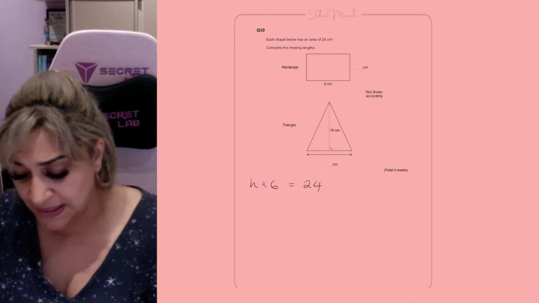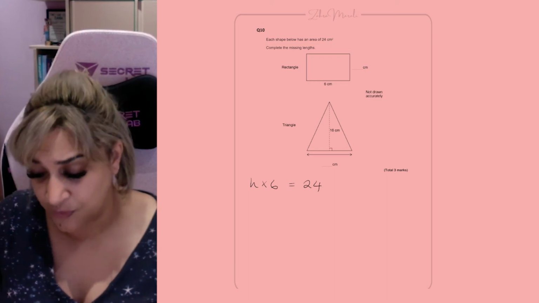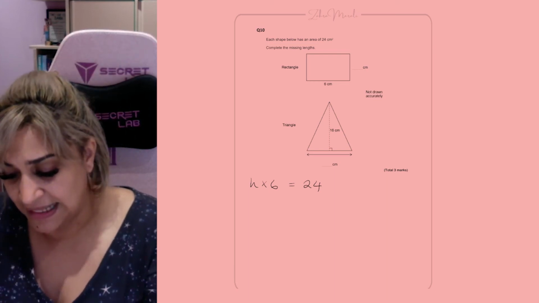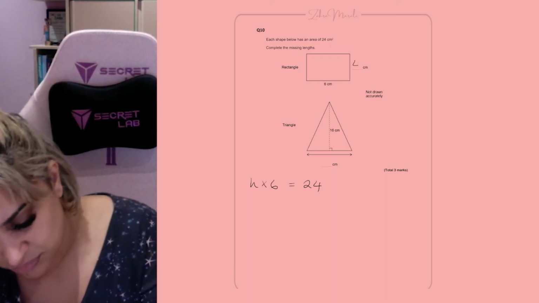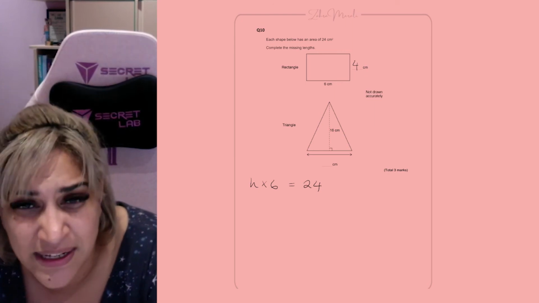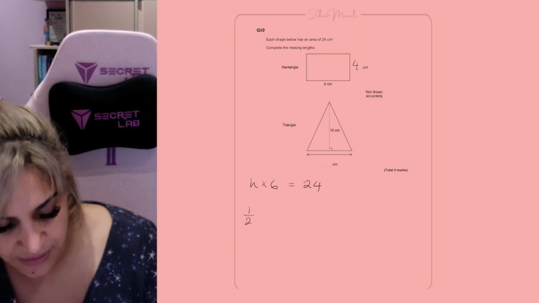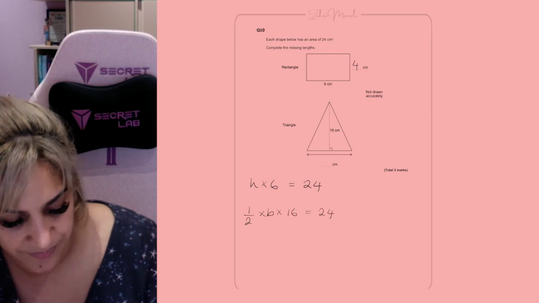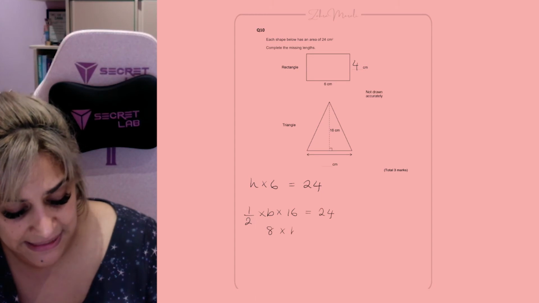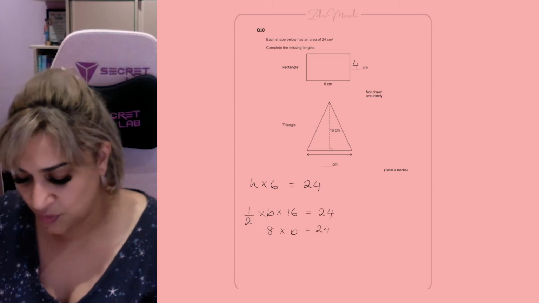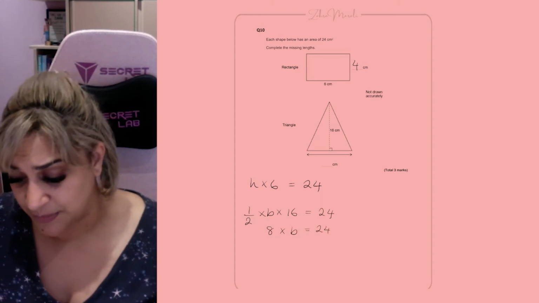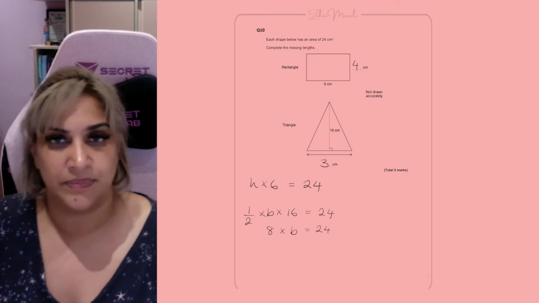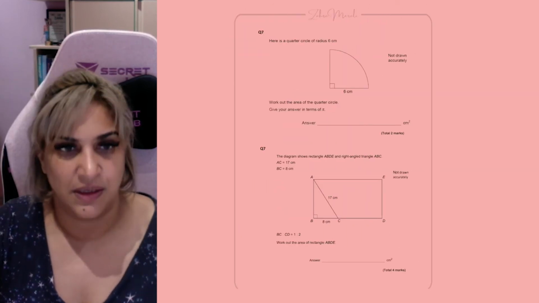So something times 6 equals 24. That something has got to be 4. And for the triangle, it's half the base times the height equals 24. Half of 16 is 8. So all you're going to do is 24 divided by 8 to give you 3. So those are nice questions.